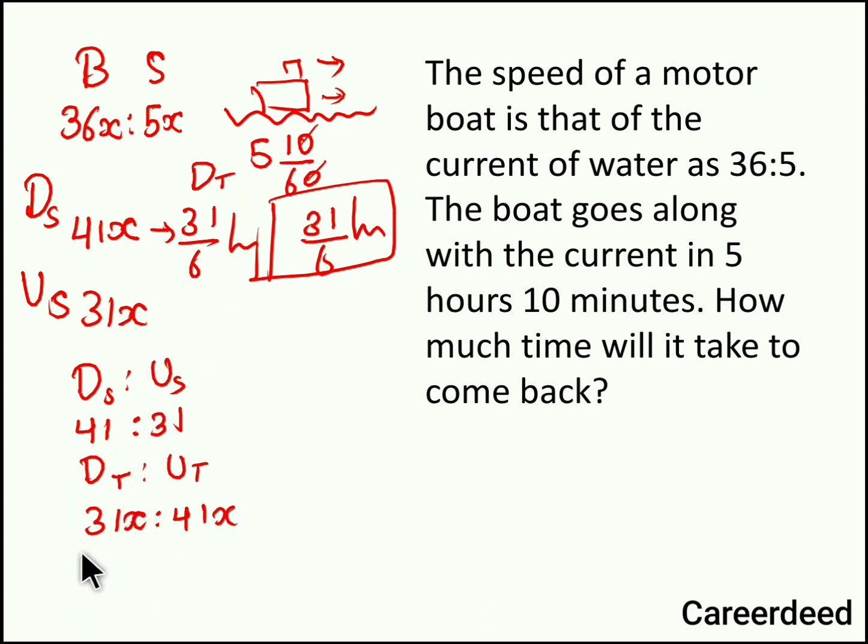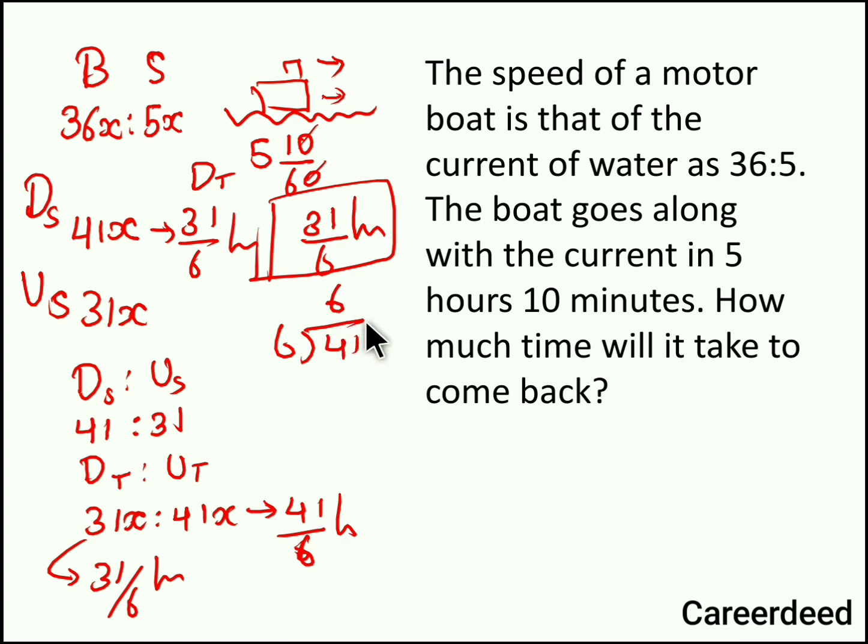So if 31 parts is 31 by 6 hours, then 41 parts will be 41 by 6 hours, right? When we cross multiply, 31 equals 31 by 6 and 41 equals x, you get 41 by 6 hours. So 41 by 6 hours is nothing but 6 and 5 by 6 hours.